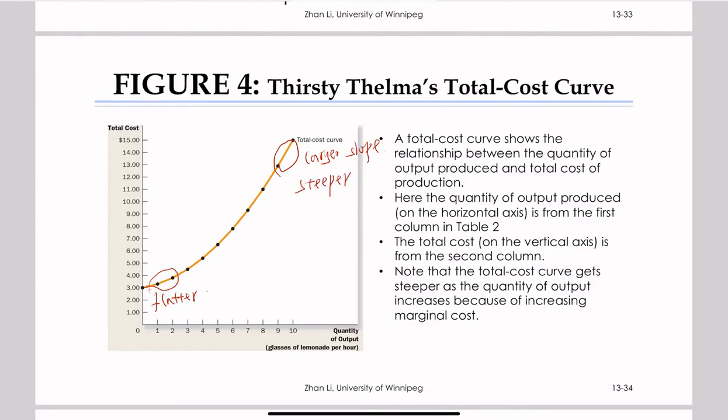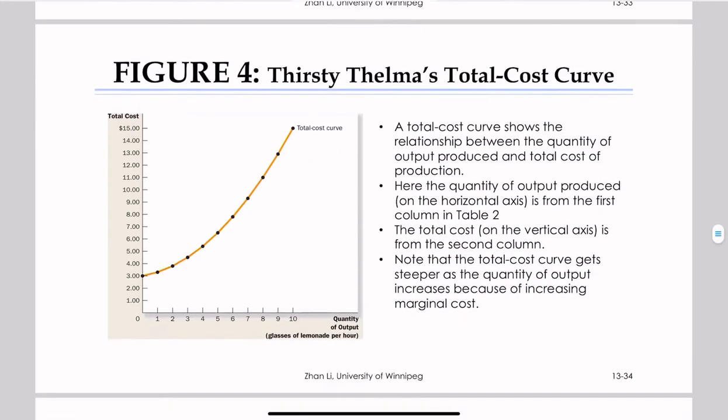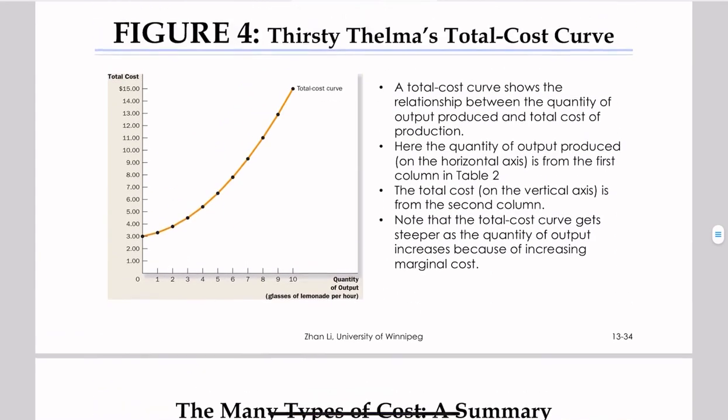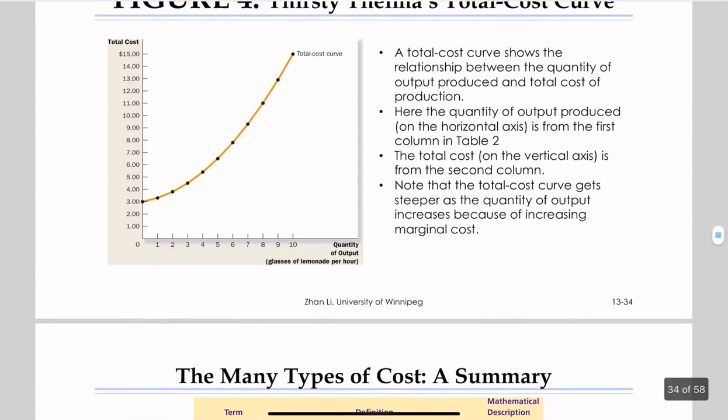Now, why do we get this result? Well, it's really because of the increasing marginal cost, right? Because marginal cost equals the slope of this total cost curve, right?